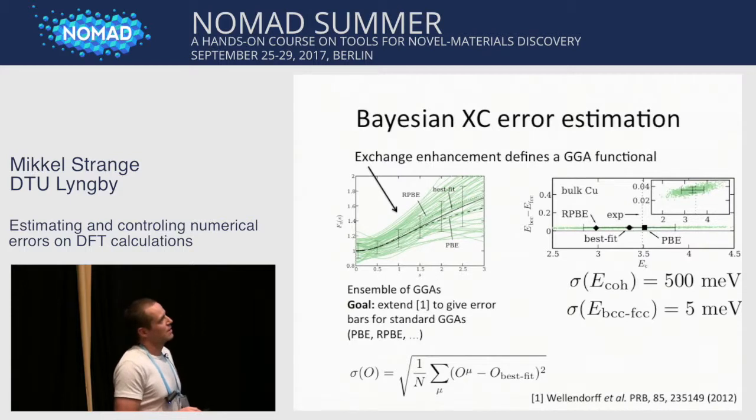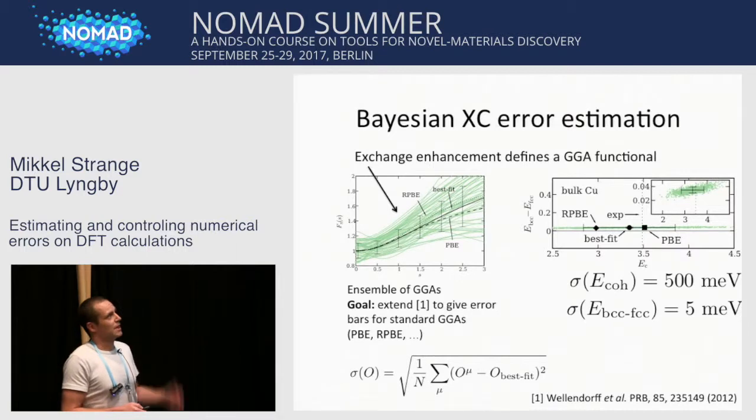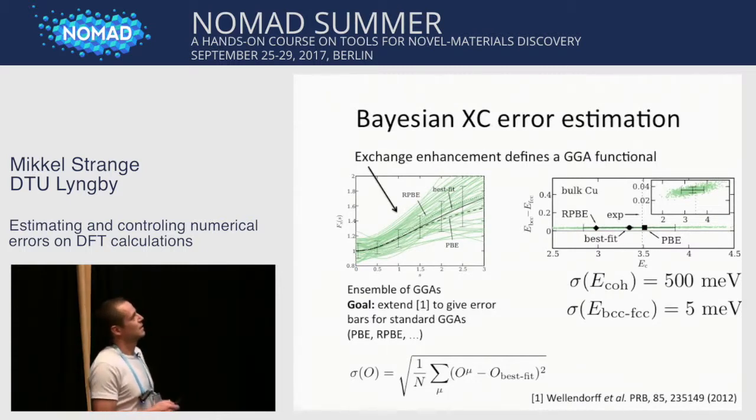The estimated error on the cohesive energy is like 500 millielectron volts, and the BCC minus FCC is only 5 millielectron volts. So even though for some quantities with DFT there's a large error, there are some that are less. This is what people also find compared to experiments, so you can say this estimation works in this case.